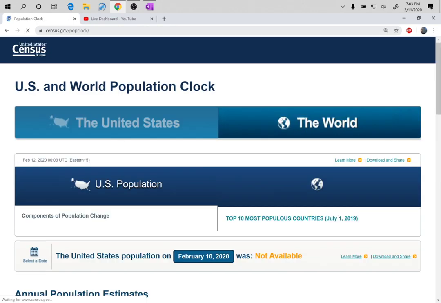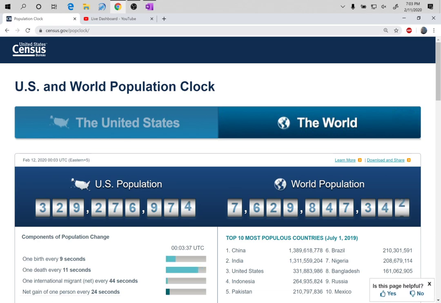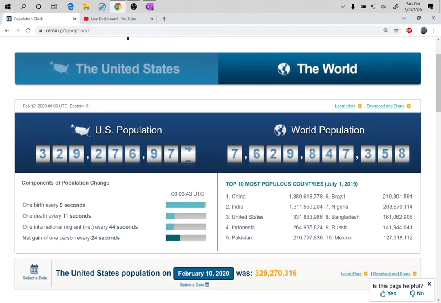Population clock, it's a .gov, so that's official for the US. You see the population on the left for the United States, 330 million. And you see the world population, still going up, okay. The world population of 7.63 billion.